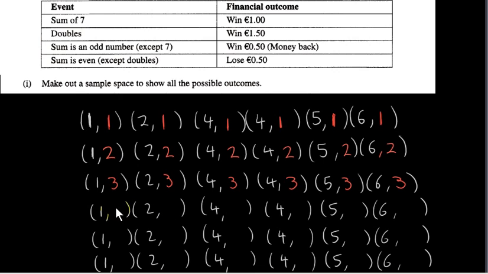This row here covers all the outcomes for when the second die shows a 4. And the next row covers the outcomes for when the second die shows a 5. But we need to list this row again because there are 2 5s on the second die.